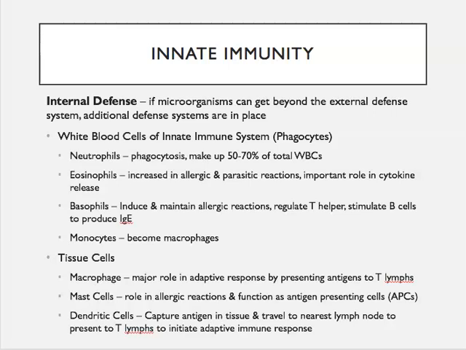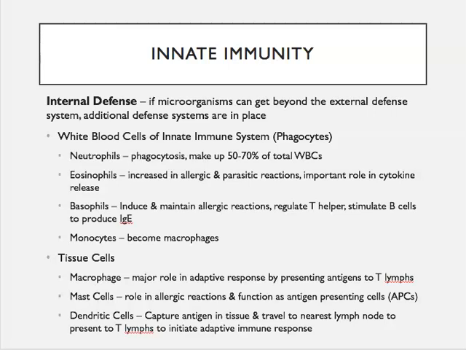Then we have eosinophils that make up about 1 to 4% of the total circulating white cells in a non-allergic person. Numbers increase in allergic reactions or parasitic infections. So if you're a person who constantly fights seasonal allergies, your eosinophils might be increased on your CBC.